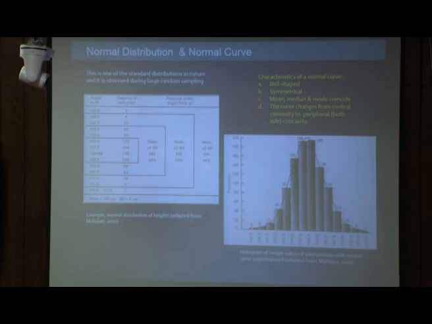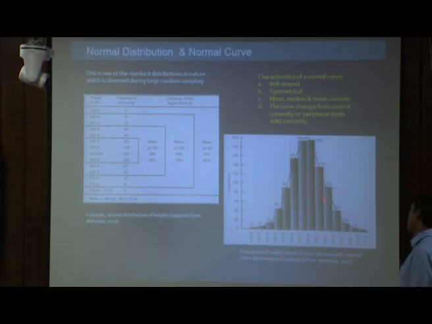In the mid range, 157.5 or 160 centimeter, the number of students is more. But while we are going towards the lower side or the higher side of the height value, the number of students in that group is reducing. Ultimately we are getting this type of bell-shaped curve.